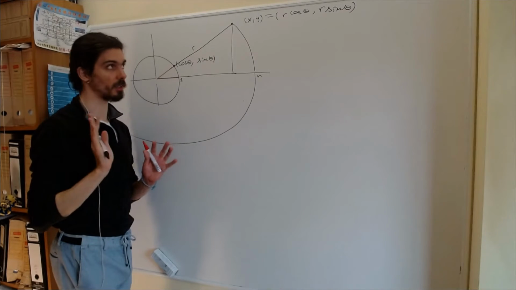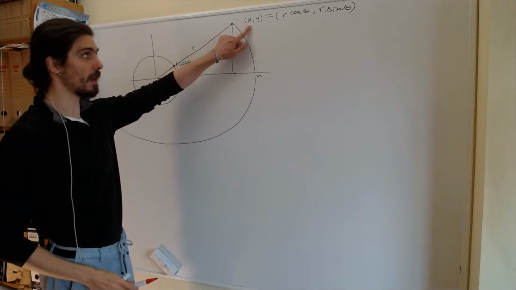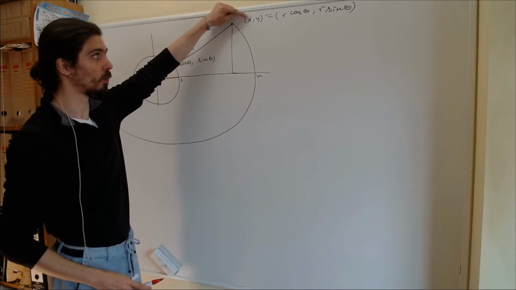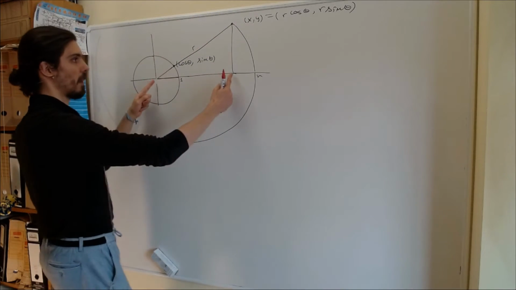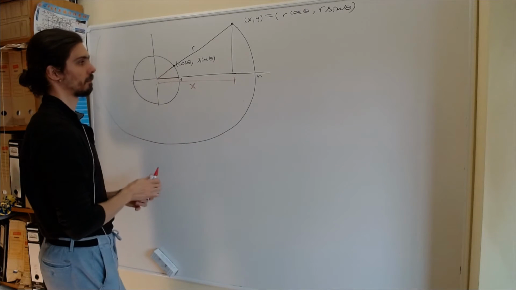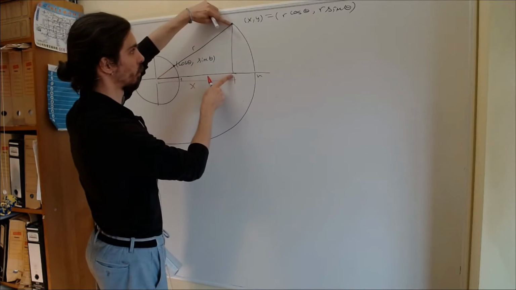Very important observation. The x and y coordinates of this point correspond to the base of this triangle. From here to here, this is x, and y corresponds to this.